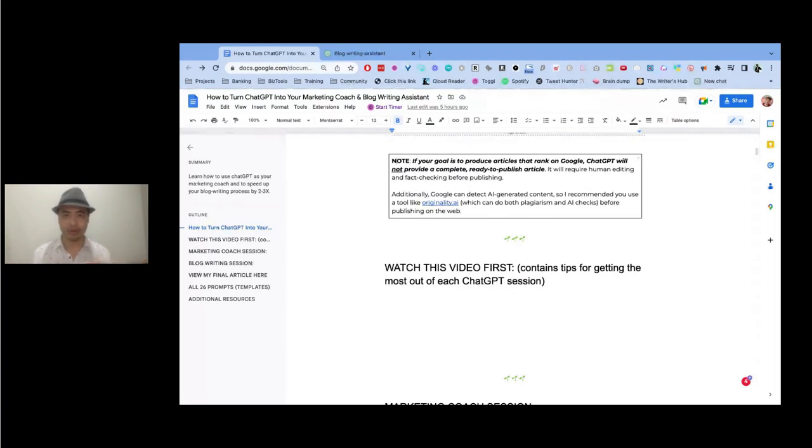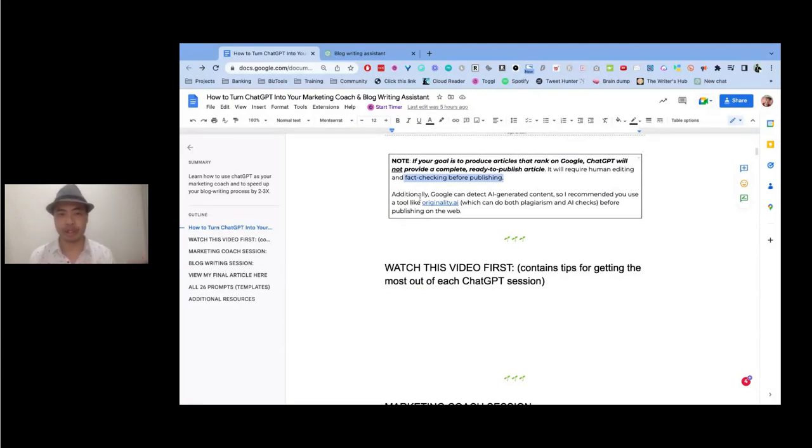So it's not as simple as going in there, asking it to write a blog post, and then once it gives you the result, you copy and paste that onto your website and hit publish. Okay, that's going to cause problems. It will require human editing and fact checking before publishing. So don't believe everything that it tells you, especially if there are dates and numbers and facts and cited studies. You have to actually get a human to check those things, because you're going to lose credibility if you put fake news out there.